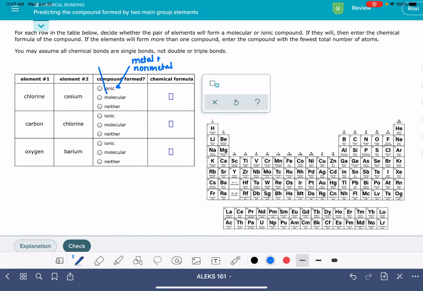A molecular compound is going to be formed when both of our elements are non-metals. So if we have two non-metals, that's going to be molecular. And then neither, we would choose neither if we had two metals. The only combination that will not result in a compound is a metal plus another metal.